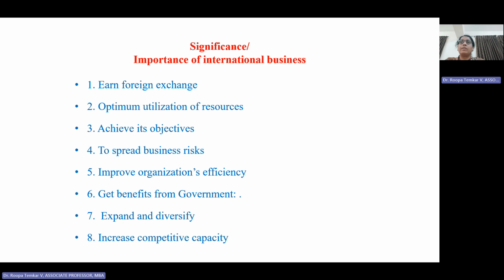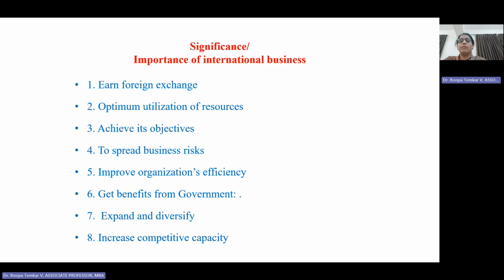Again, optimum utilization of resources, as I said, different parts of the world may be rich in different types of resources that can be optimally used by everyone. Because now the business and trade have been made easy for everyone, and to achieve its objectives. The objective of any business is to make profit or to increase the sales.